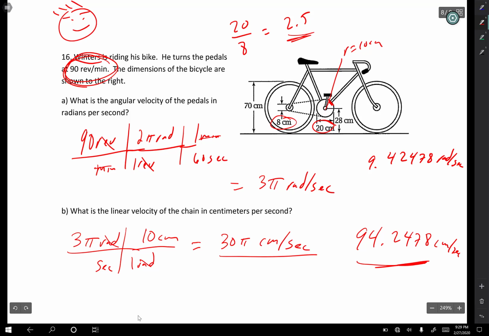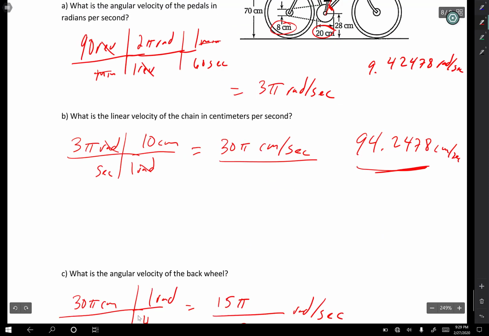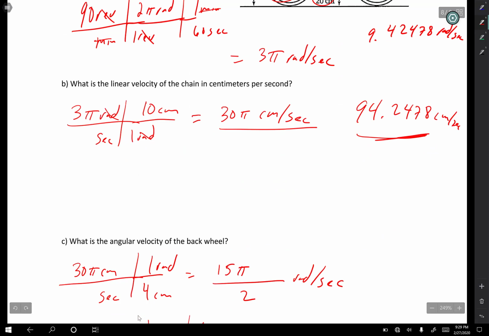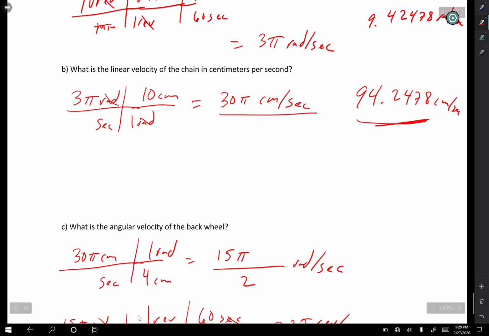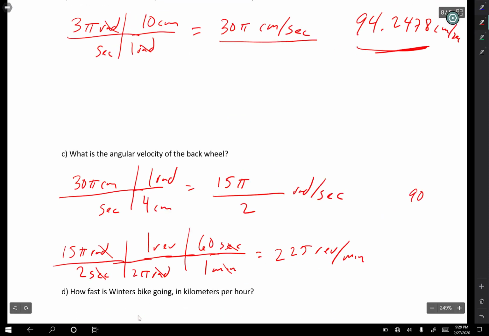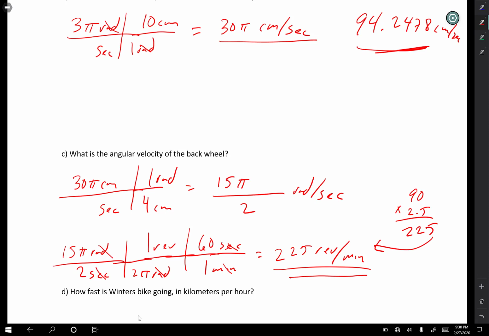Having said that, if the front sprocket is going 90 revolutions per minute, if I multiply that by 2.5, that should give me the angular velocity of the back wheel. So check it out. If I go 90 times 2.5, you do get 225, which is again angular velocity. Cool, right?